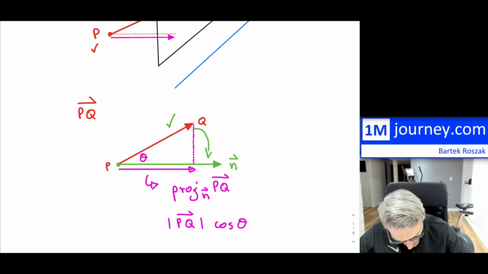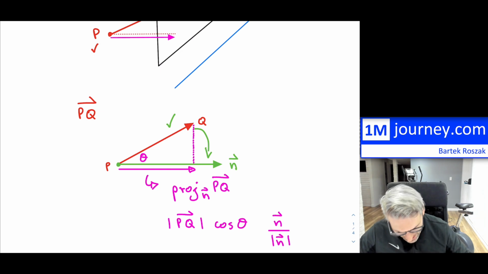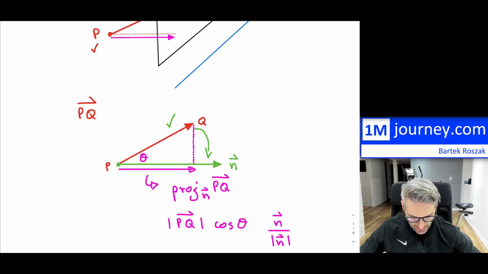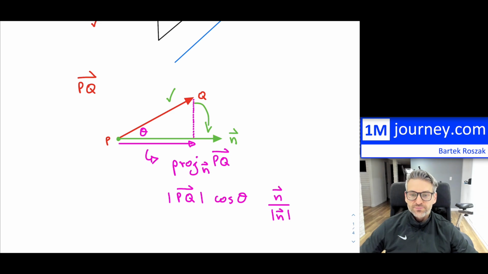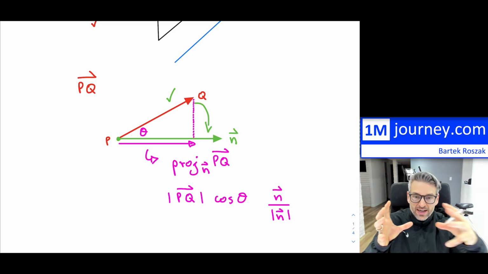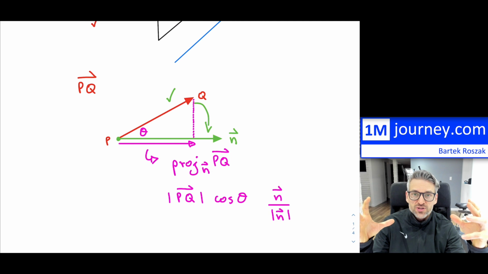And it would be multiplied by whatever that vector n is, and of course, I need to take its unit vector, so I divide it by the magnitude of n. It would just scale that vector accordingly. So that would have been our projection.